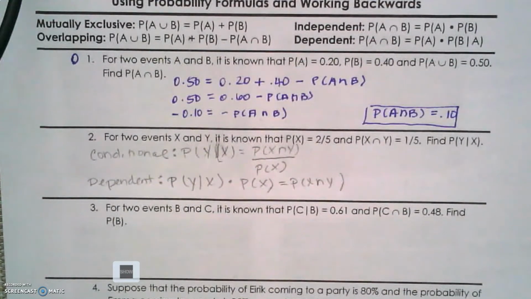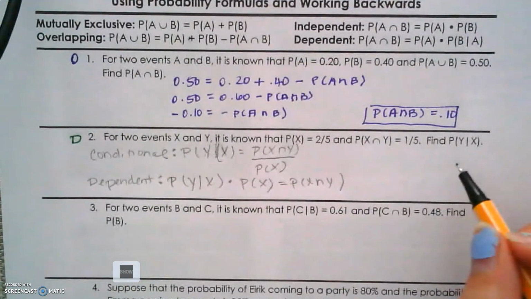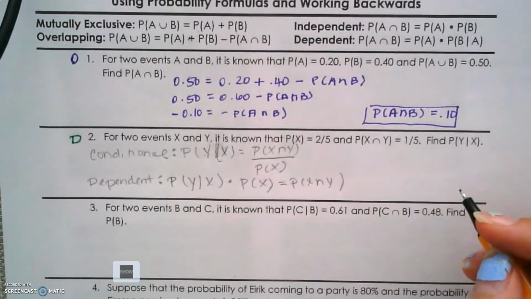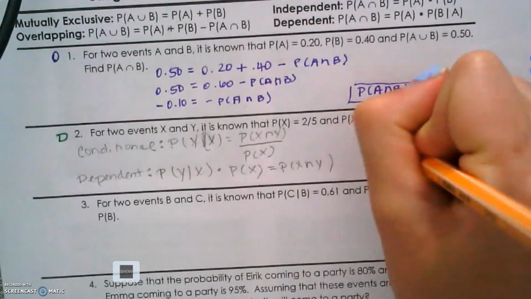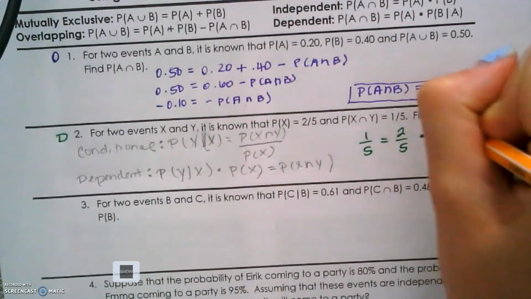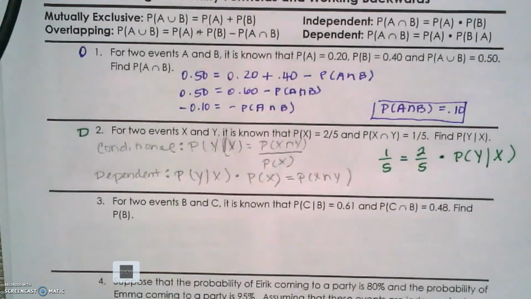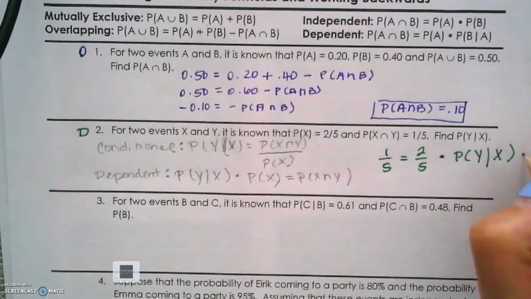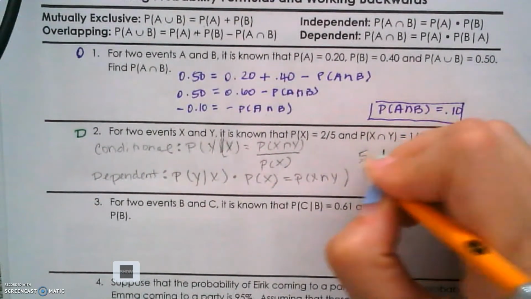So I'm going to write dependent at the top since that's what's given to me. We have the intersection, which is 1/5. And that's going to equal 2/5 times the probability of Y given X. I just wrote it in a different order here based on what I have. We undo multiplication with division, but we have fractions, so I'm going to choose to multiply by the reciprocal on both sides, by 5/2 here and by 5/2 over here.